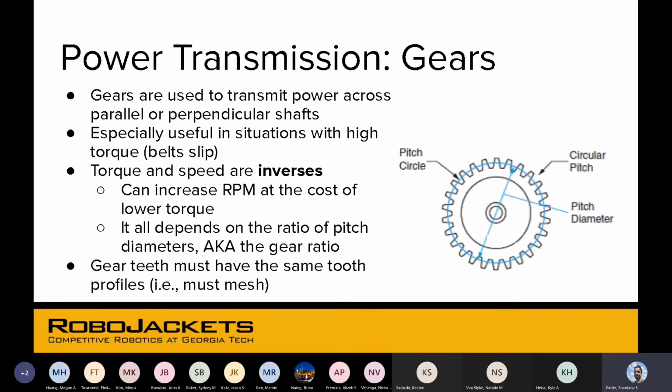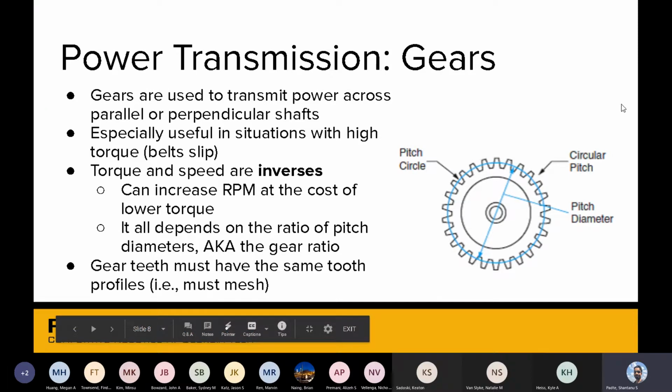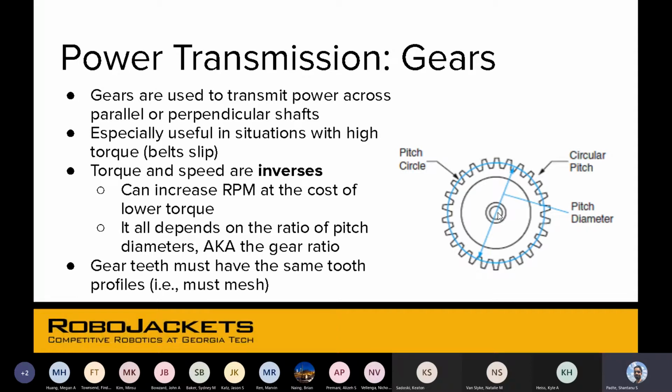Okay. Power transmission. So gears. I understand gears instinctively, but putting them in words is a bit difficult for me. Gears are used to transmit power across parallel or perpendicular shafts. The shaft goes in the center of the gear, and you can have your shafts parallel to each other.